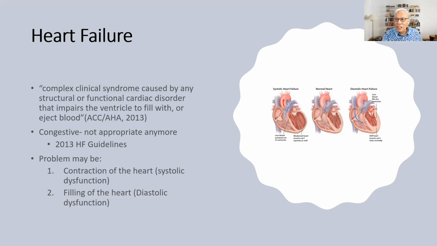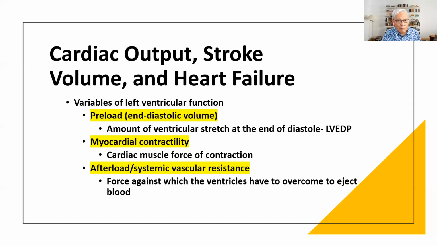It is imperative for us to discuss both of these heart failures in detail. But before we go there, let's talk about some important terms in order to understand what heart failure is. The first one is cardiac output, then stroke volume, and heart failure.